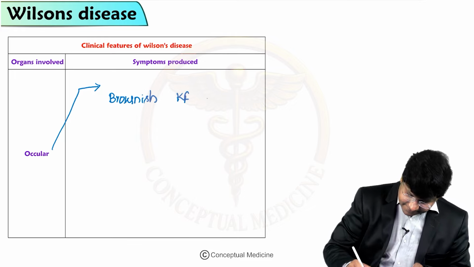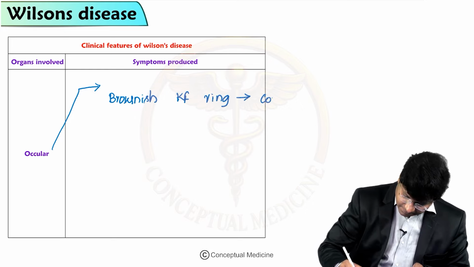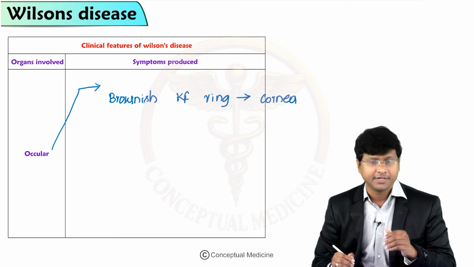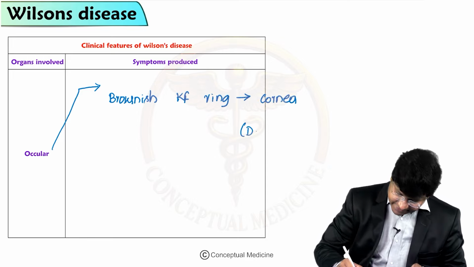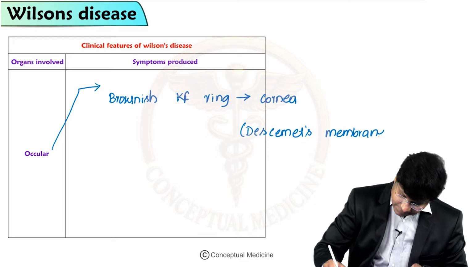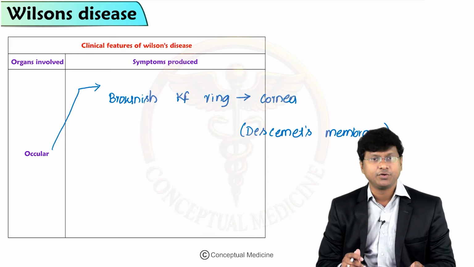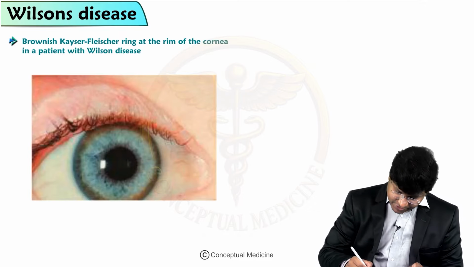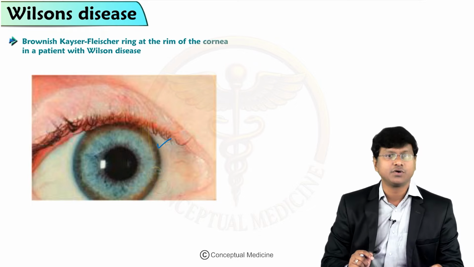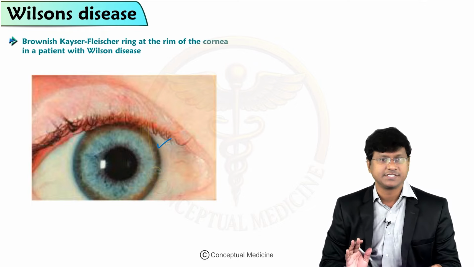This KF ring is present in the cornea, within the Descemet's membrane of the cornea. So let me show you that image. Yes, this is the brownish KF ring at the rim of the cornea in patients with Wilson's disease.